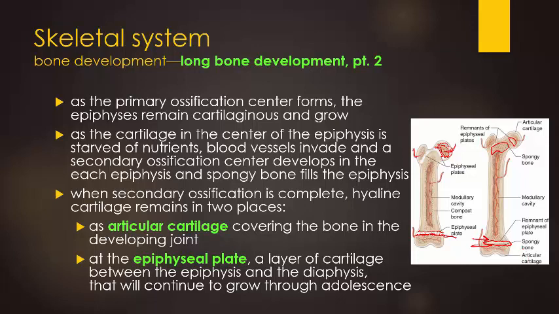And so as long as there's cartilage remaining here, then we have what's referred to as an epiphyseal plate that is going to allow the bone to keep growing. So as the bone matures, the only place that we see any cartilage is here at the articulating surfaces, and here, and at the epiphyseal plate.